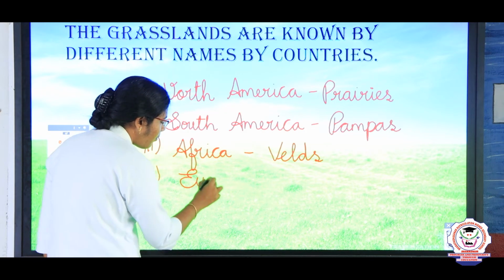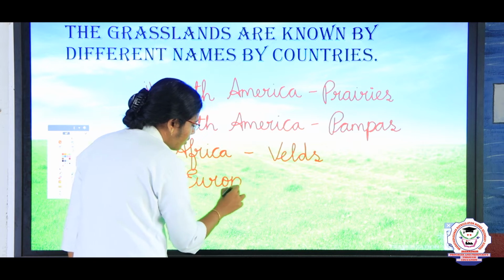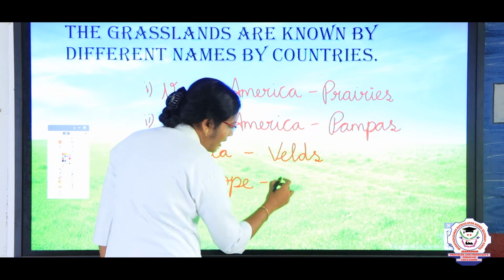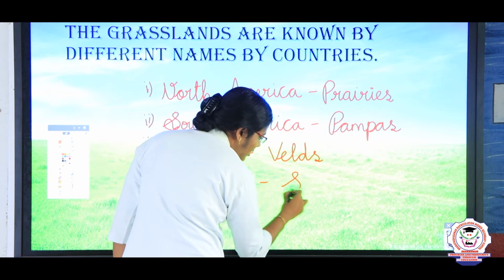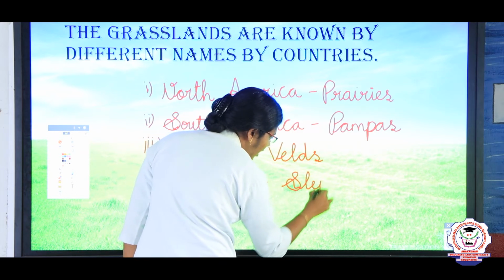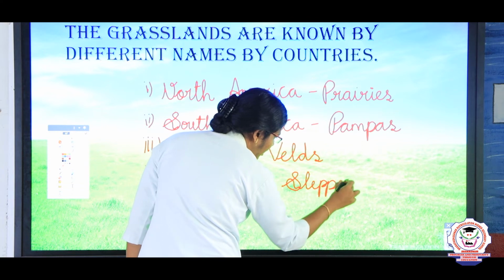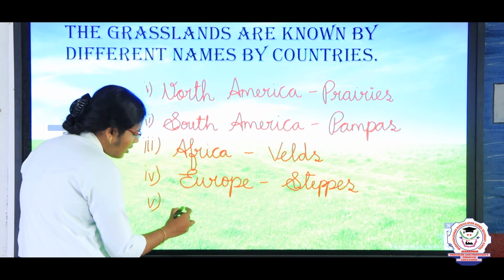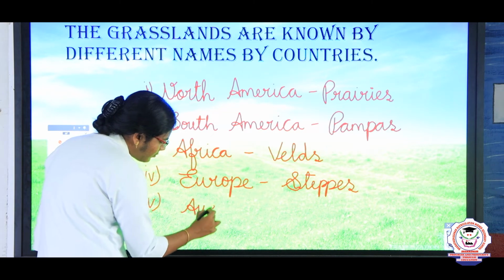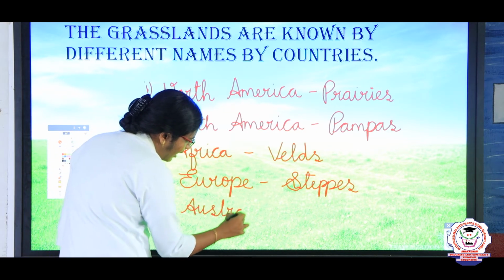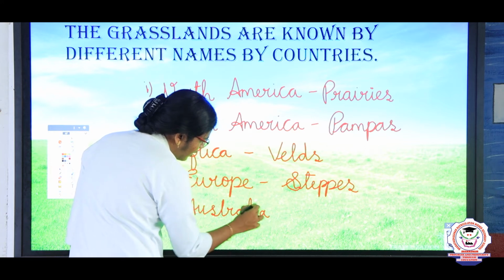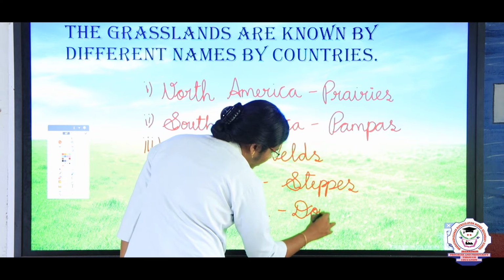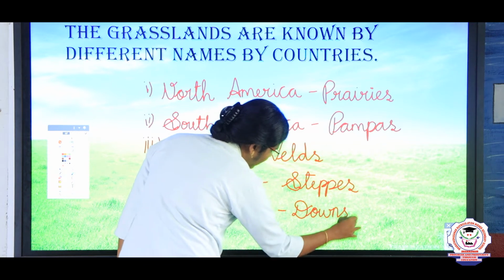In Europe they gave the name steppes, S-T-E-P-P-E-S, steppes. The last one, in Australia, they named it downs, D-O-W-N-S, downs.